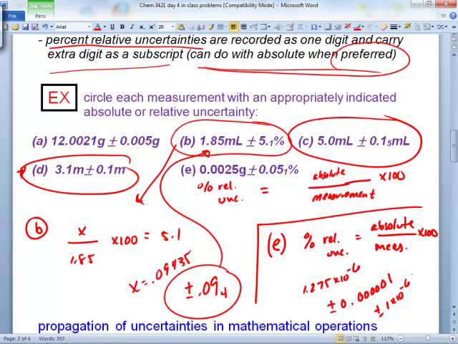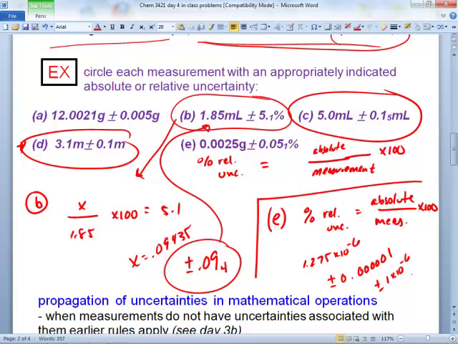So does it agree with E? Does this error agree with this? We're supposed to report digits all the way to the 1, 2, 3, 4, 5, the 6th place.